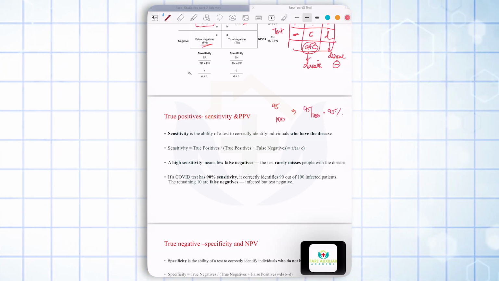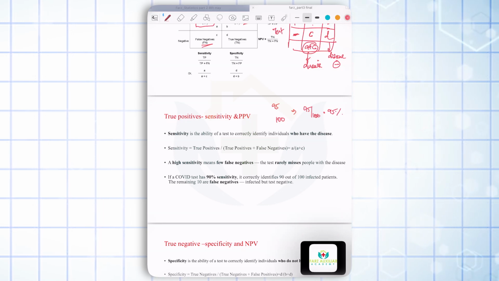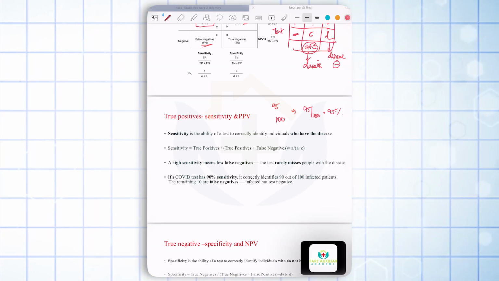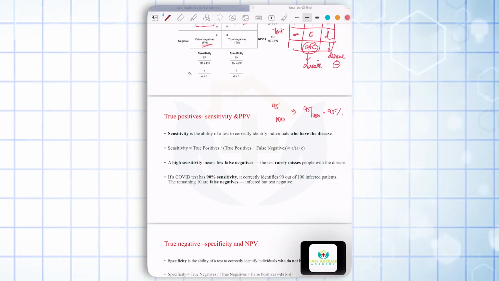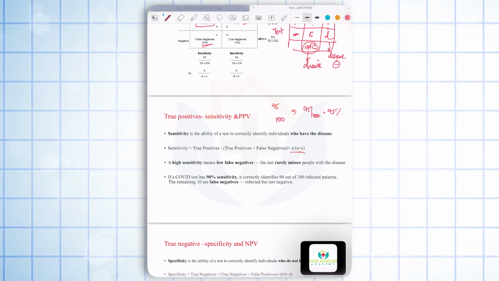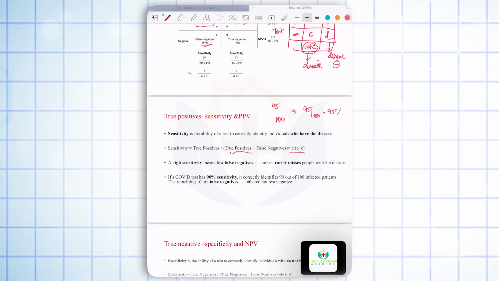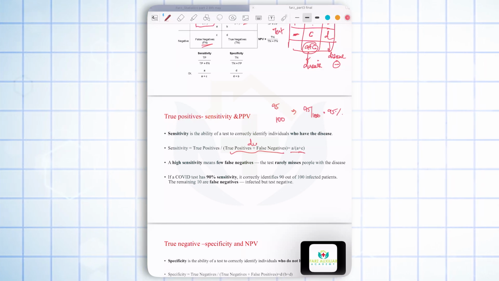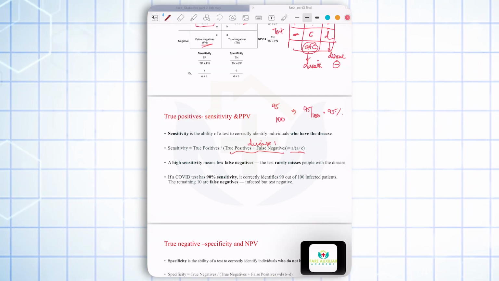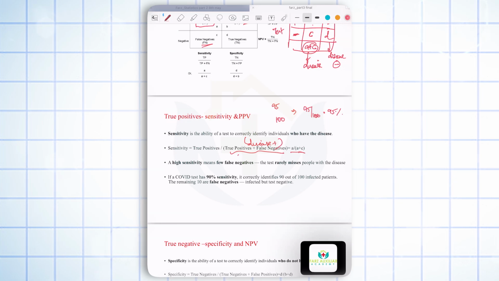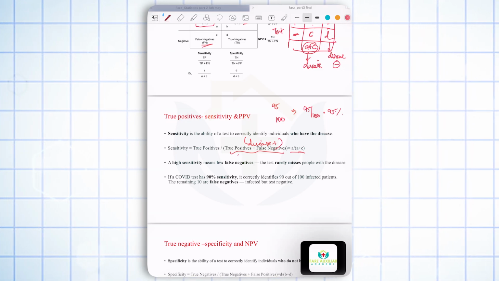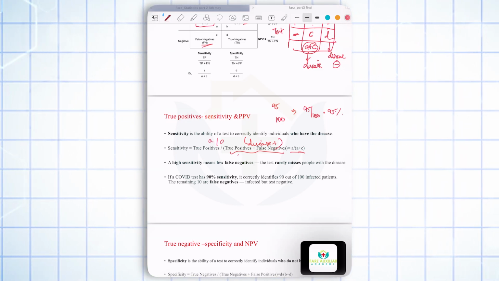It means that 95% of the time, the test will truly identify the patients who have the disease. It is given by the formula A by A plus C, that is true positives divided by true positives plus false negatives, which is the total of those who actually have the disease, that is disease positive.